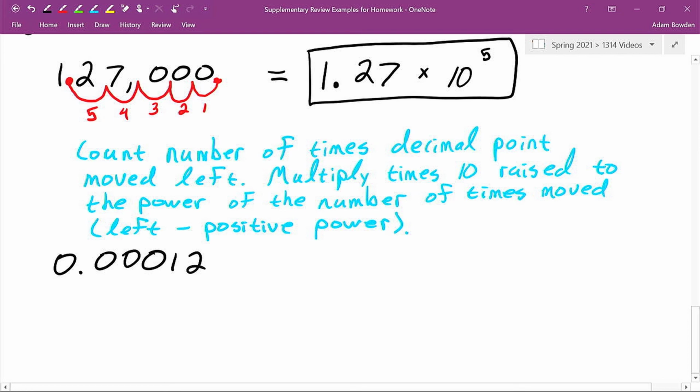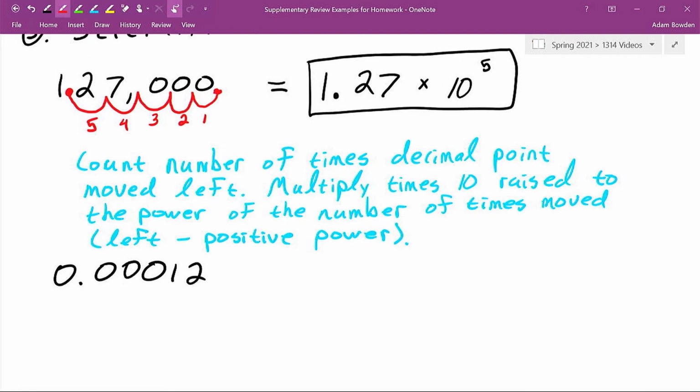Now for this next one, what we have to do here is the decimal point is way out in the front. So what we actually have to do is move that decimal point to the right until it's right behind the very first number. So we move it over 1, 2, 3, 4 times.